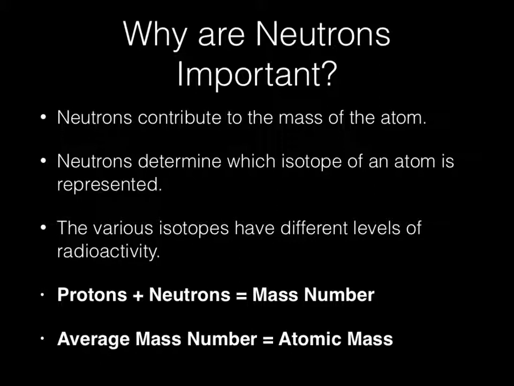Neutrons also determine which isotope of an atom is present, and while isotopes have the same chemical properties, they have different radioactive properties. Carbon-14 is slightly radioactive. Carbon-12 is less radioactive. They're both carbon. They both are coal brown. They both are very inert.